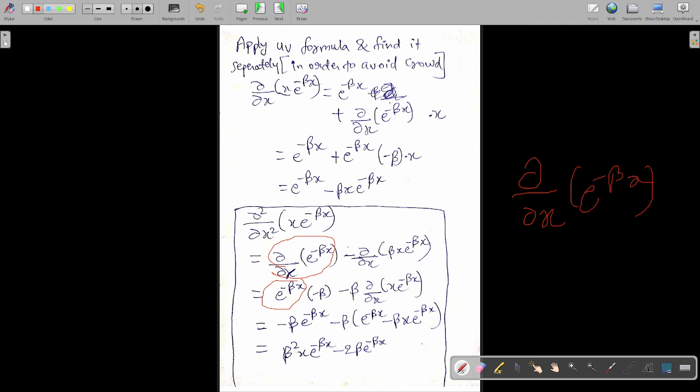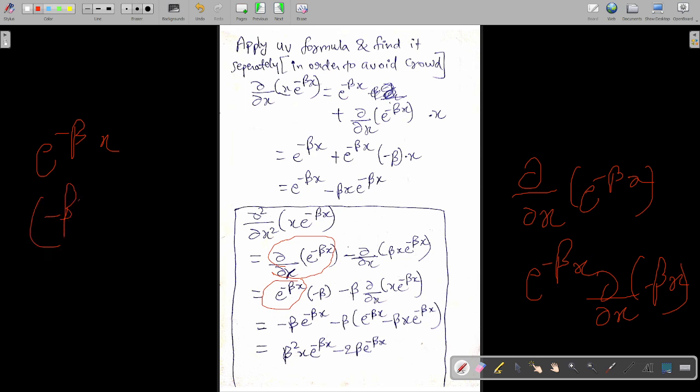So when I take the del by del x, e to the power minus beta x will remain, and del by del x of minus beta x will remain. So e to the power minus beta x is there, and minus beta will come out. So minus beta multiplied by e to the power minus beta x will remain. So this is the thing.